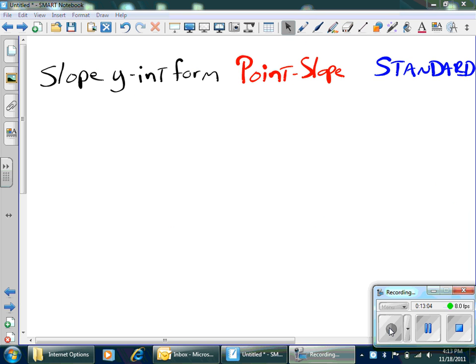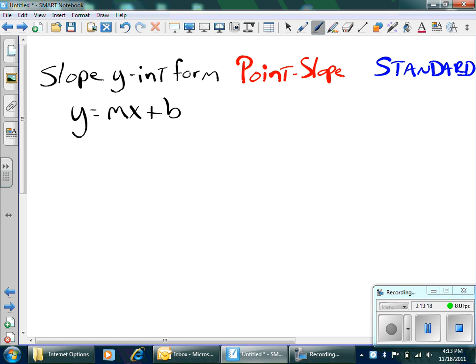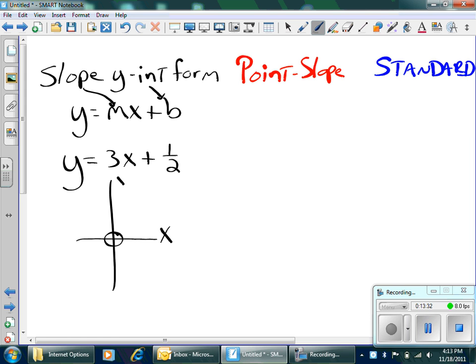Okay, next we're going to talk about the 3 forms of linear equations that we know. We know slope y-intercept form, which you need to have this formula memorized. It is y equals mx plus b. B is the y-intercept, and the slope is m. All right, so if I have this equation, y equals 3x plus 1/2, to graph it, a little sketch graph for you, x, y.